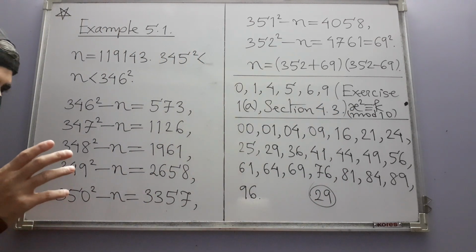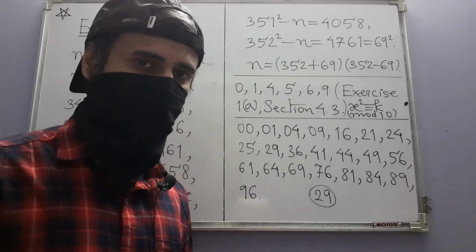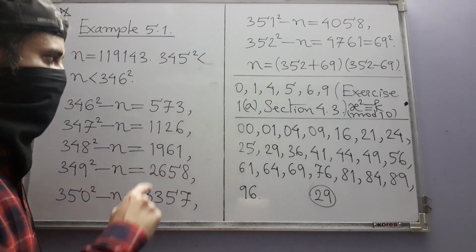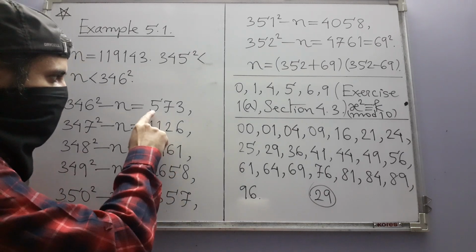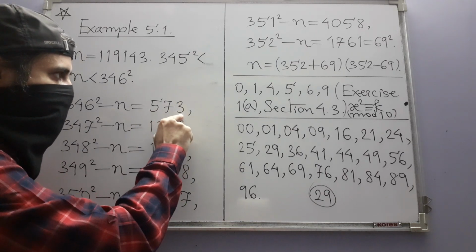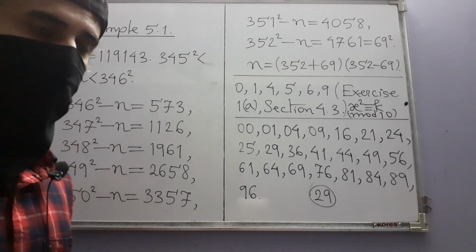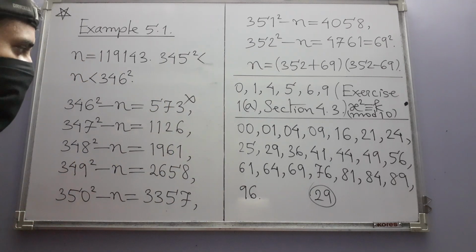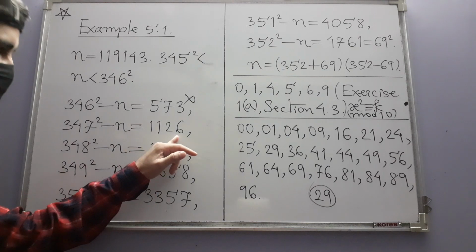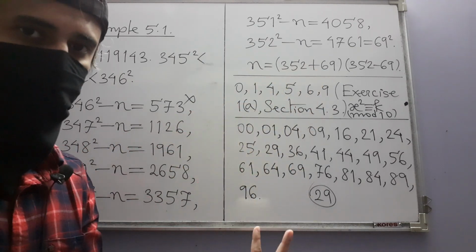And from this observation, we can in fact rule out many numbers because their last digits do not belong to this list. For example, this number, its last digit is 3, which is not here. So it cannot be a square. So that way, it's actually ruled out. 6, however, is present here. So from that, we can't say anything though.